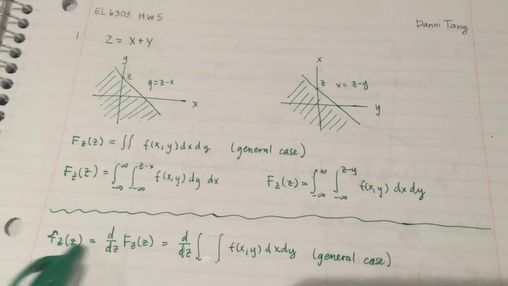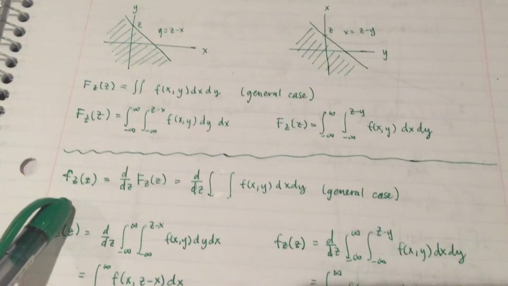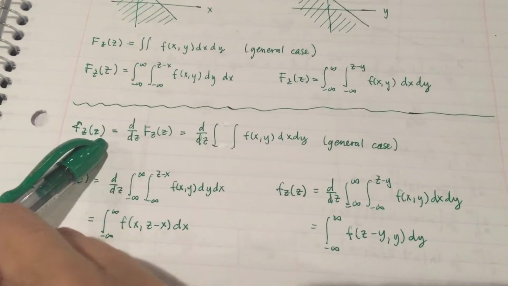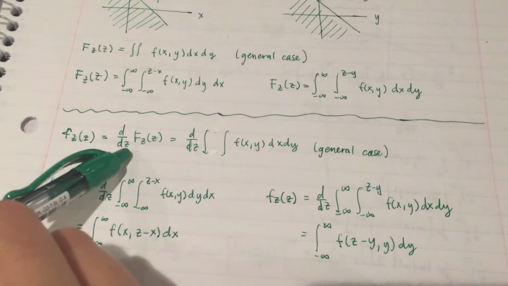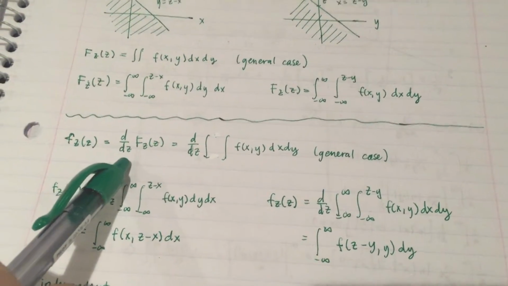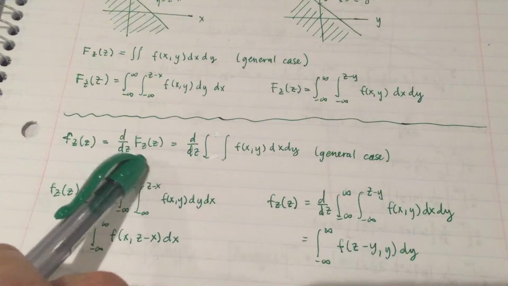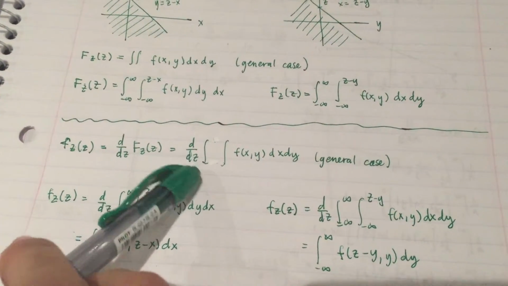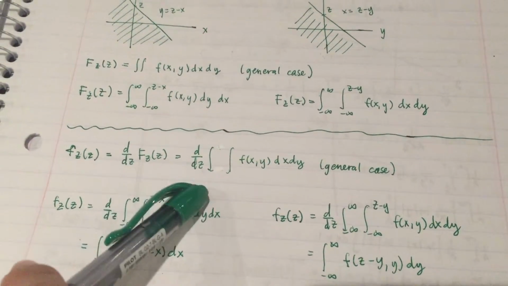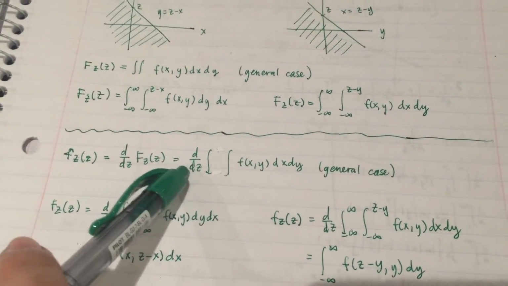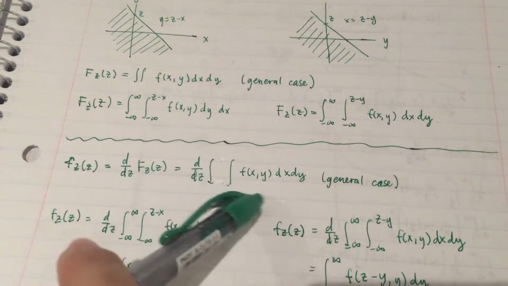So when we look at small f of z, which is the probability density function, you basically take the derivative with respect to z of capital F of z, and this is just a general case. You take the derivative of the double integral.